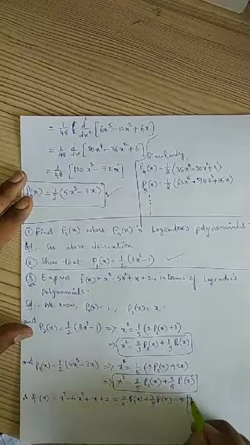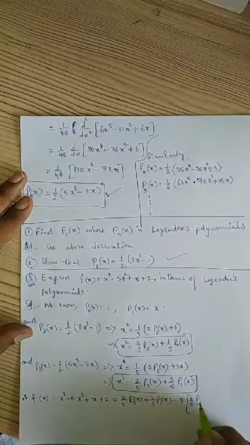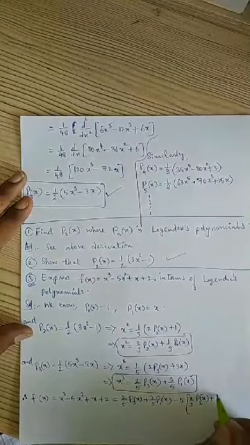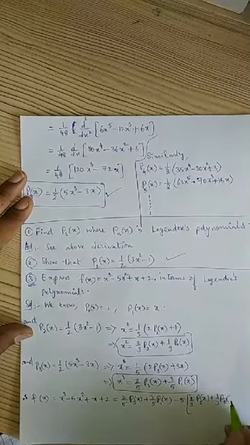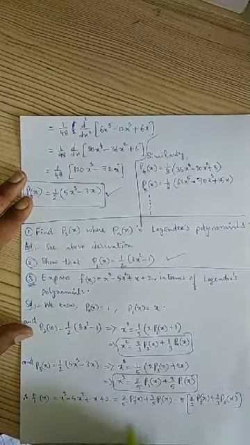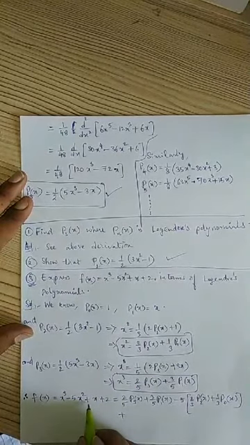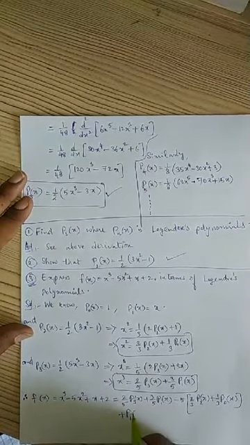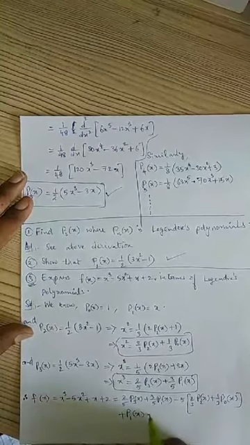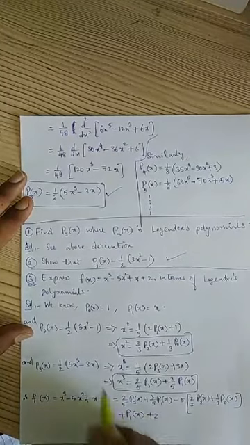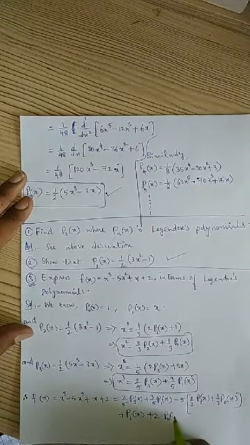X square is given by 2 by 3 p2 of x plus 1 by 3 p naught of x, plus x is given by p1 of x, plus 2 into 1 is given by p naught of x.